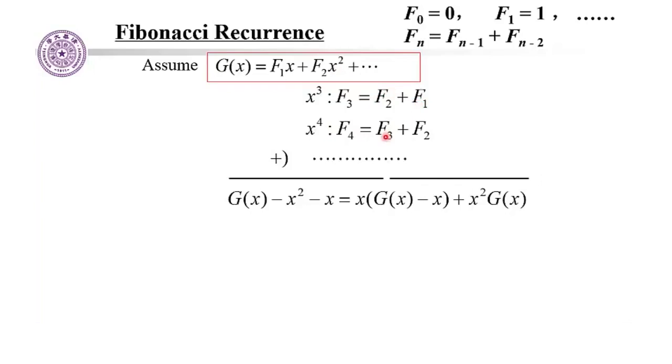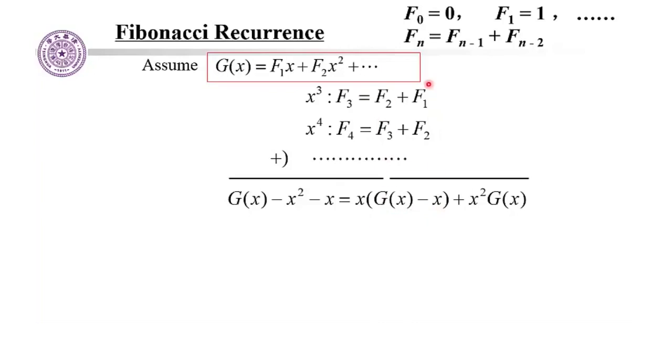So in this adding process, there is one more x. After taking x out, what's missing? It becomes f2 times x squared plus f3 times x to the third power. Compared with the original generating function, only the first term is missing. So the first part of the right-hand side is actually x times (g(x) minus x).